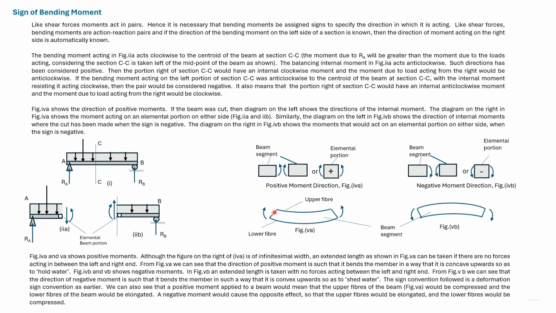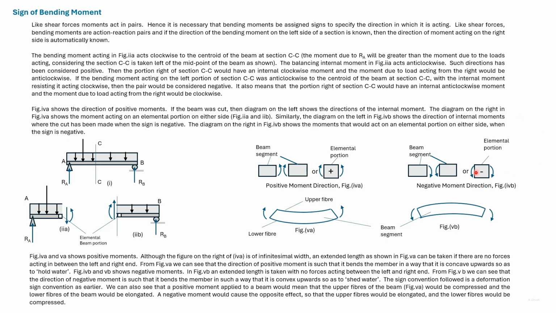The way this segment is deformed, it will hold water. So such a deformation is considered positive. So here again we are following a deformation sign convention. Here, based on deformation, we give the sign.